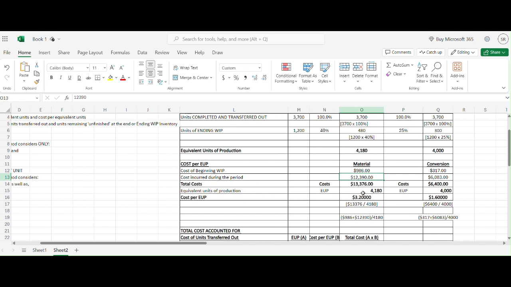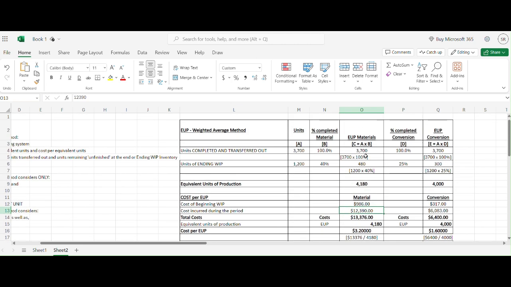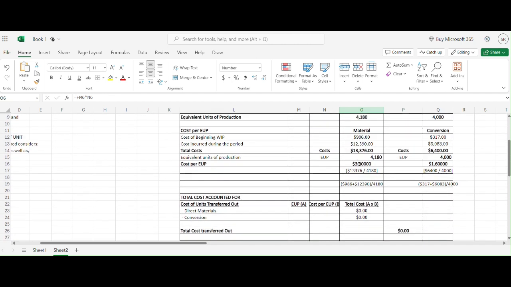Also, the cost per equivalent unit was calculated by using the beginning cost as well as the cost incurred during the period. So this was the equivalent unit for direct material and conversion cost, for units completed and for ending units, and this was the cost per equivalent unit.